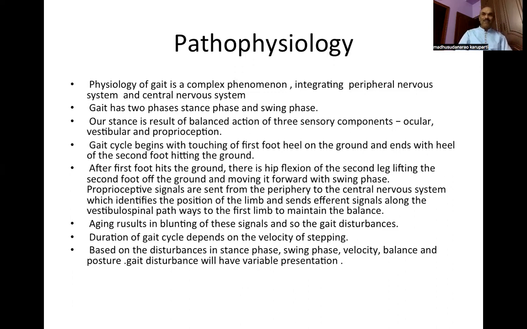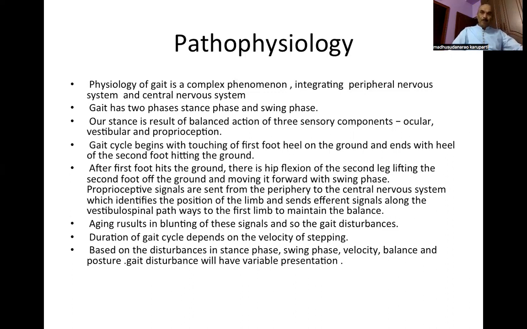When the first limb wants to move forward, it is the swing stage. That means from the stance stage, it is taking the swing stage with flexion of the hip and flexion of the knee, and forward movement of the limb with hitting the heel onto the ground.